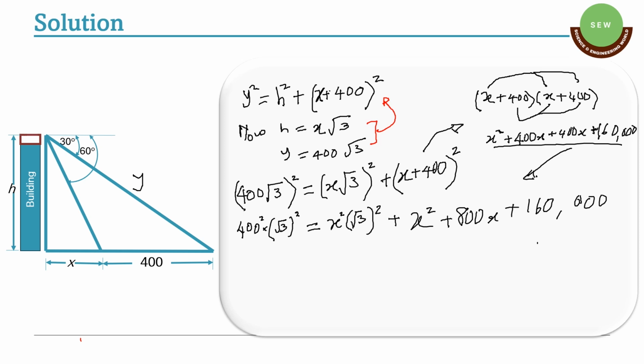Now we have 400 squared at this side, that will give us 160,000, square root of 3 times square root of 3 will give us 3, and this will be equal to x squared, square root of 3 times square root of 3 will give us 3, plus x squared plus 800x plus 160,000. Good.